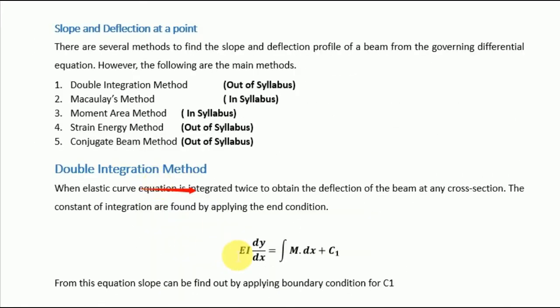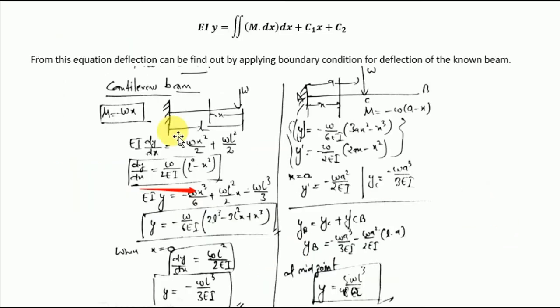here EI dy upon dx is equal to integration M dx plus c1, and put the values. We integrated this value of M one time, then we have minus Wx square by 2 plus Wl square by 2, which is the value of the constant, determined by placing the end condition.